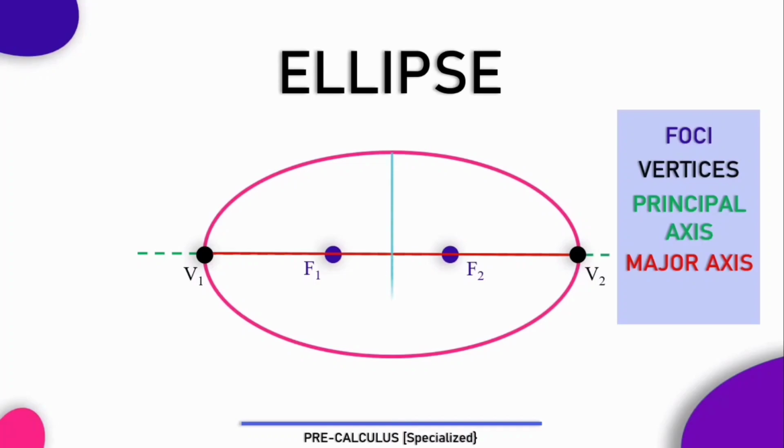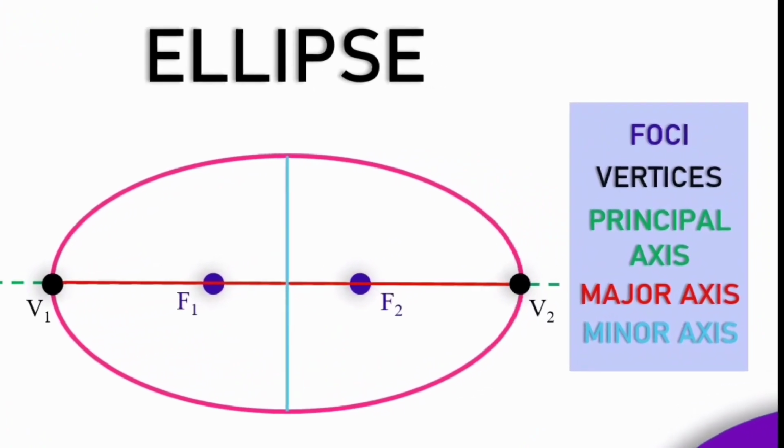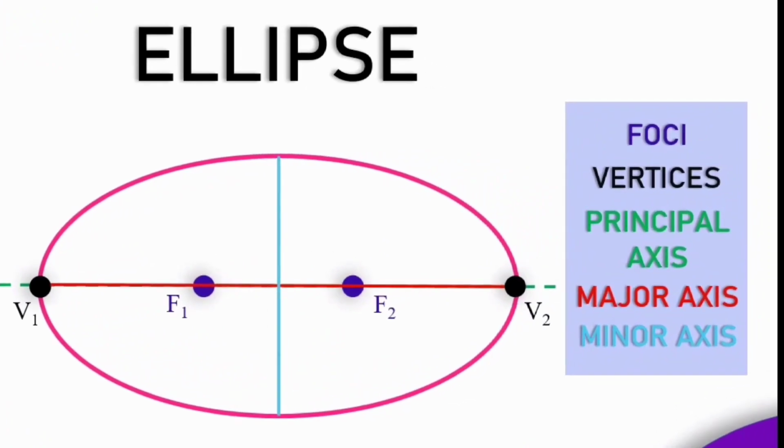And this line segment, which is perpendicular to the major axis, is what we call the minor axis. Notice that the minor axis is shorter than the major axis. Kaya nga major at minor. Okay? I'll repeat. We have the foci, vertices, the principal axis, major axis, and the minor axis.